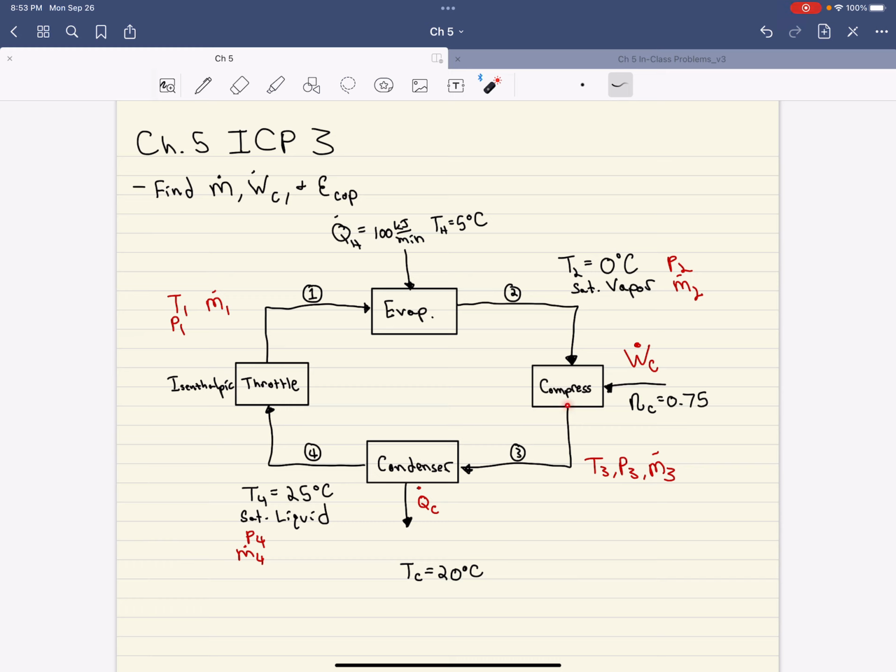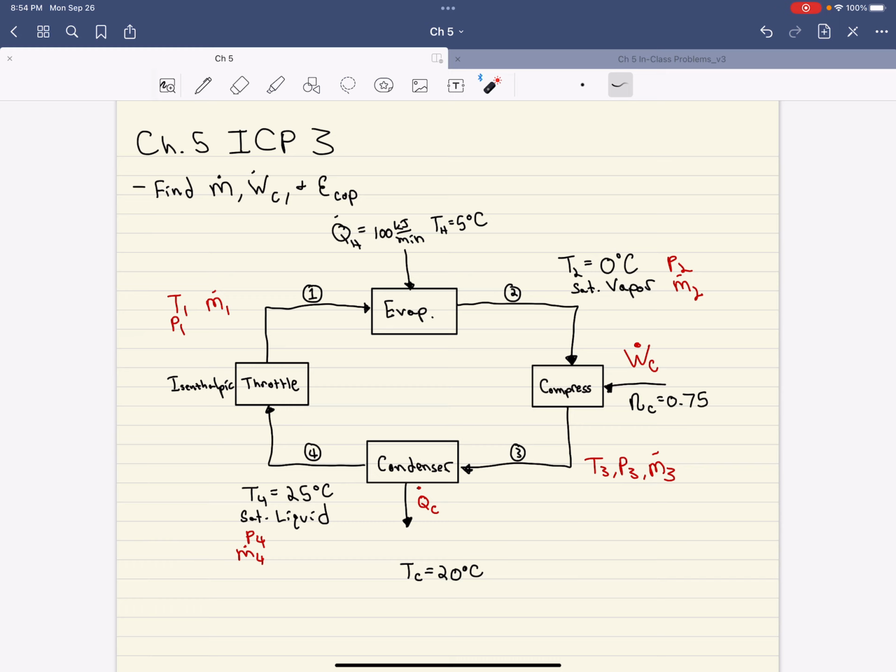The refrigerant comes out of the compressor at some temperature, pressure, and also some unknown mass flow rate. Then, in stream 3, at this elevated pressure, it goes into a condenser where heat is removed from the refrigerant, and that heat goes into the surroundings, which are 20 degrees Celsius.